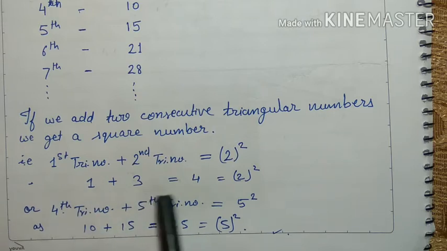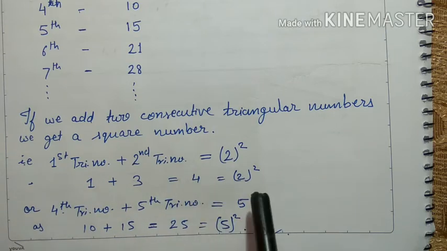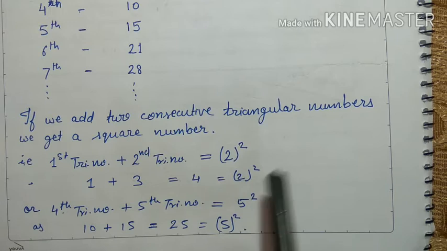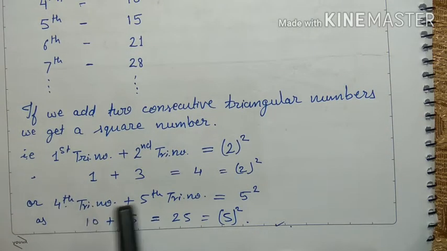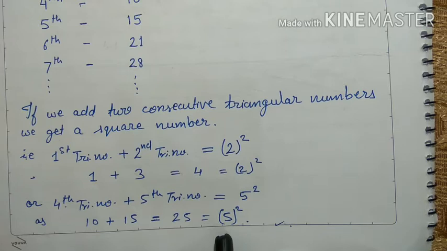So 1 plus 3 is equal to 4, and 4 is the square of 2. Next, the fourth and fifth triangular numbers: the fourth is 10, the fifth is 15. So 15 plus 10 is 25, and 25 is the square of 5, right?